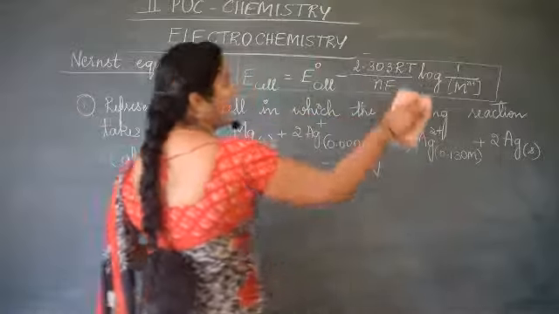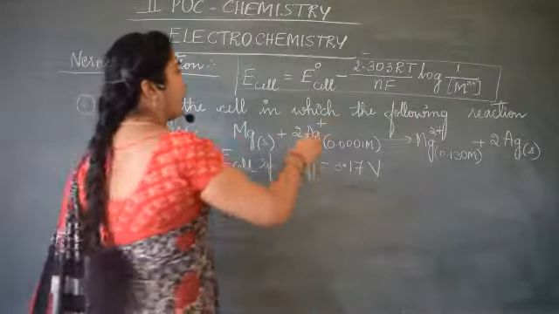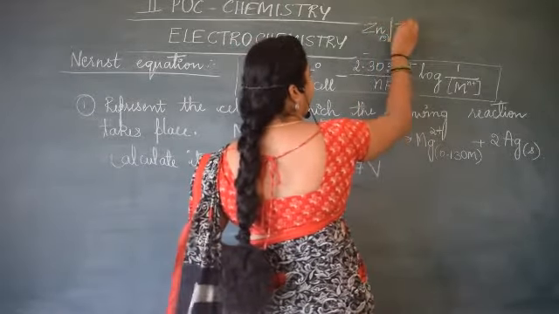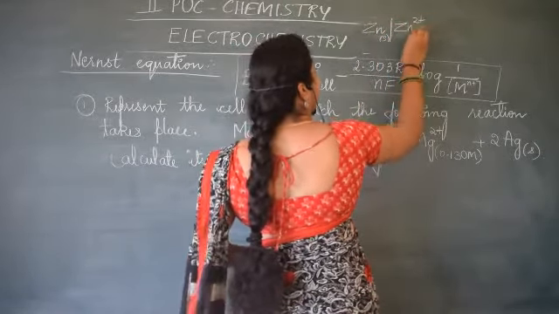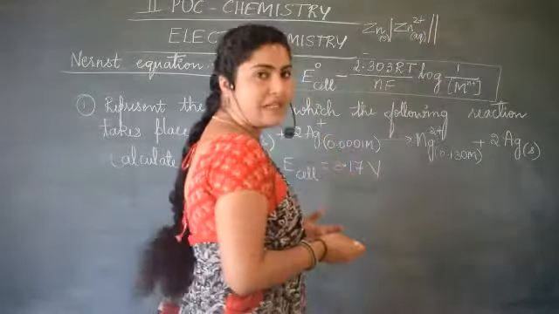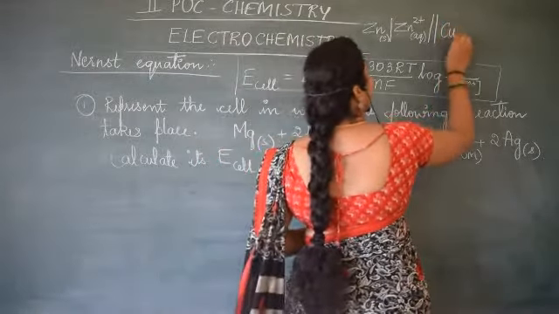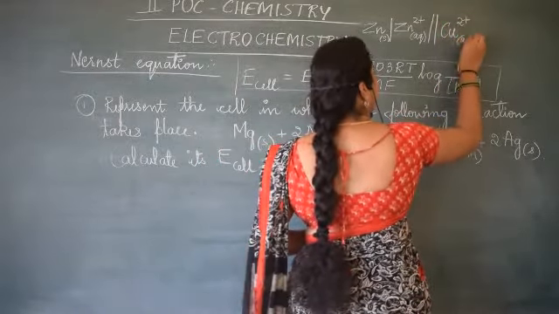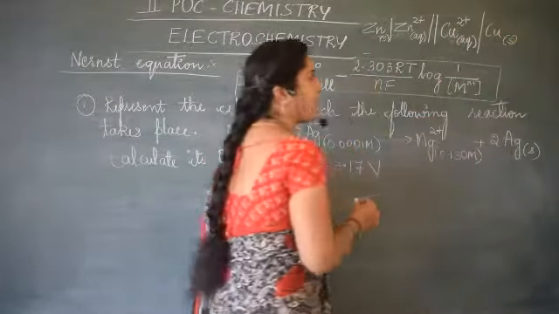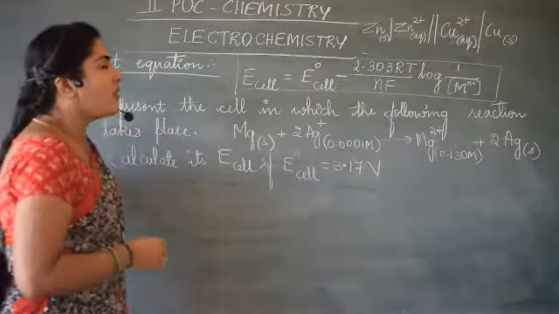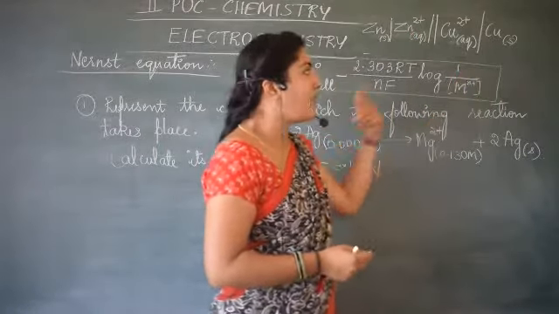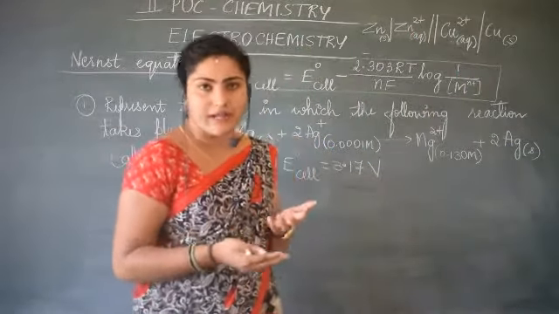The cell notation was given as Zn bar, the zinc electrode, then Zn2+ aqueous, a double bar which means a salt bridge, then Cu2+ ions in solution, bar copper, the electrode. This is how we denote it, right? So we first wrote the oxidation half cell and then the reduction half cell. Now see which is the oxidation half cell and which is the reduction half cell.